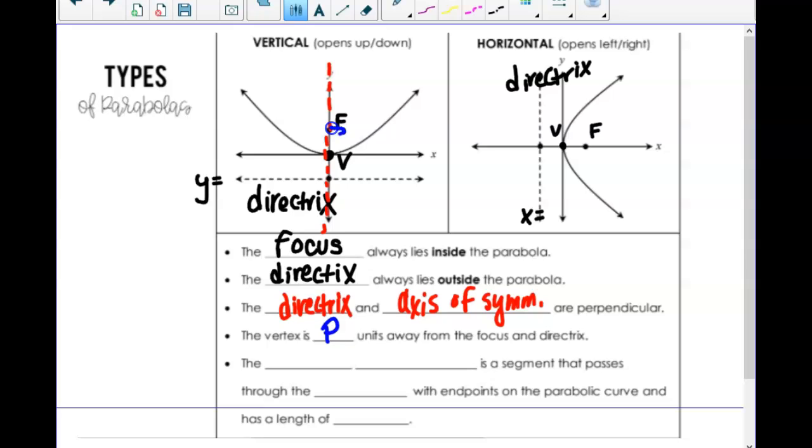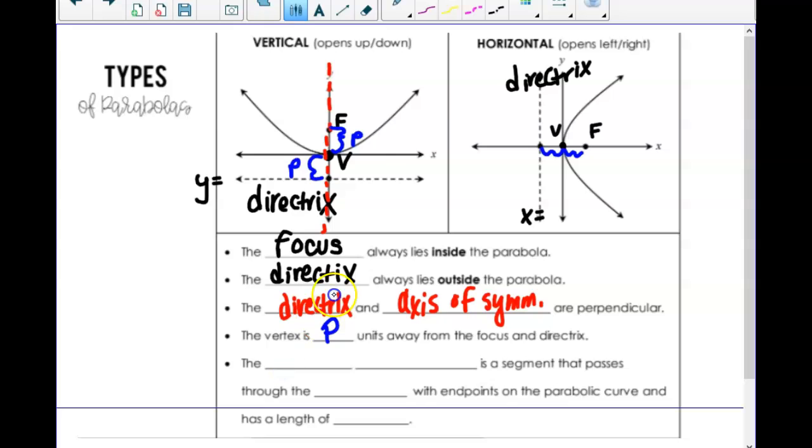So on your picture here, this distance is P, and this distance down to here is P. Same thing here. Now, when P is an integer value, a nice whole number, that's great. Unfortunately, P is often a decimal or fraction, a small fraction.